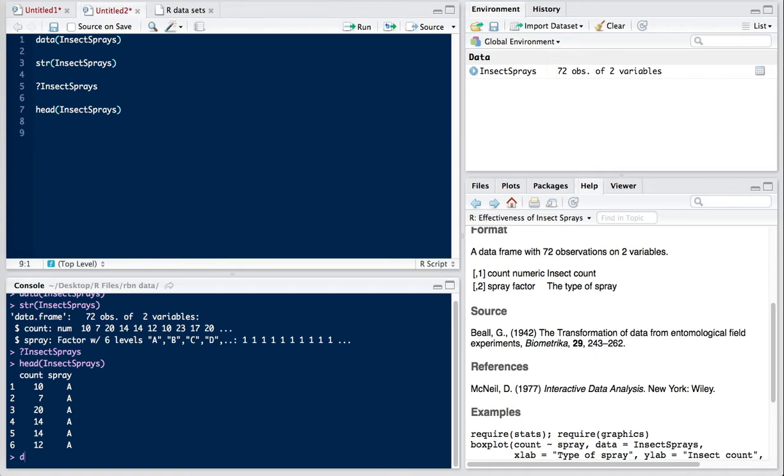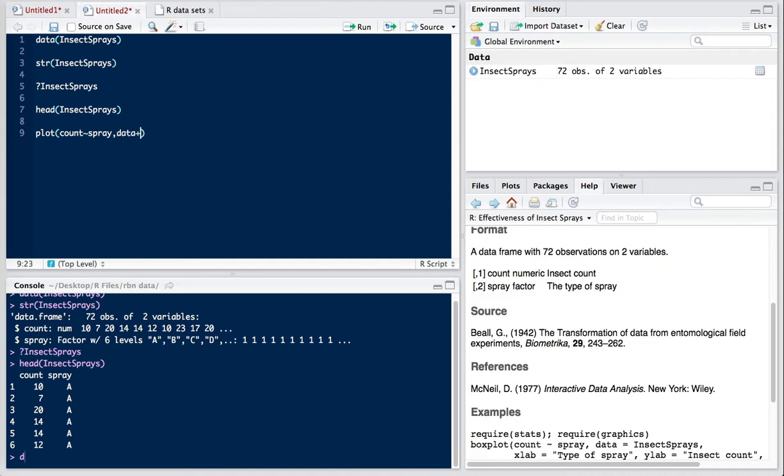I always like to start an analysis of variance by looking at the means or the medians of the different groups in my data set. So what we can do here is a very simple sort of plot. We look at some box plots. So we're going to look at count as a function of spray, and we need to tell R what data frame we're using.